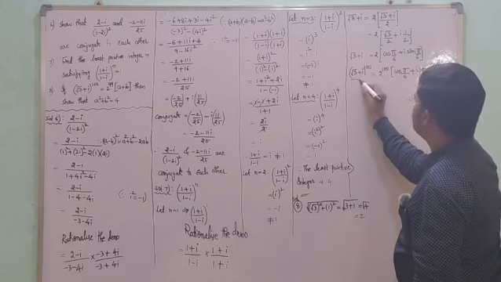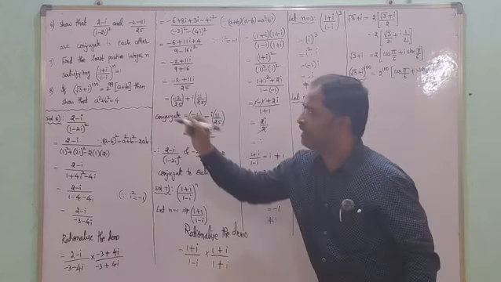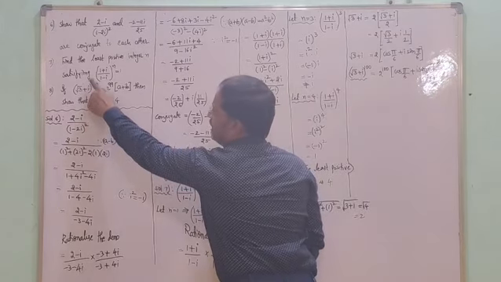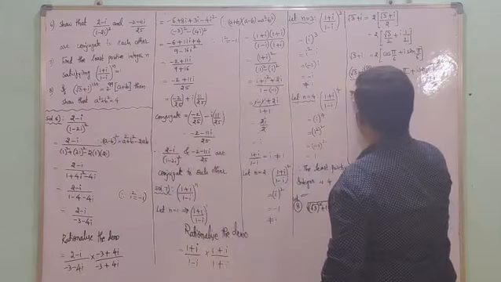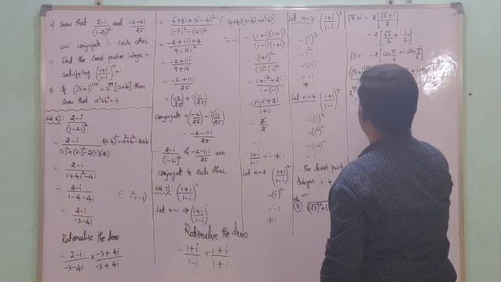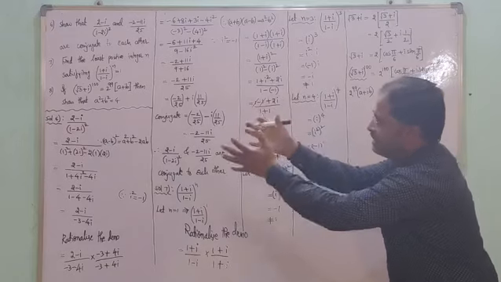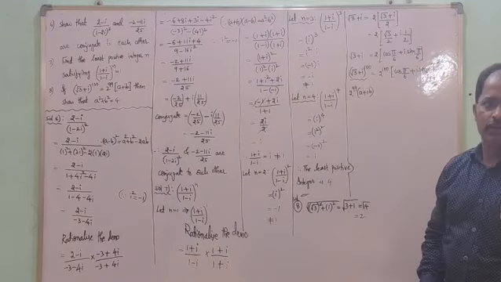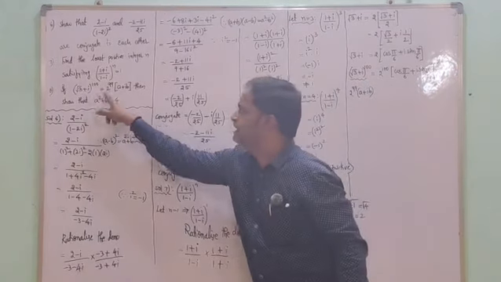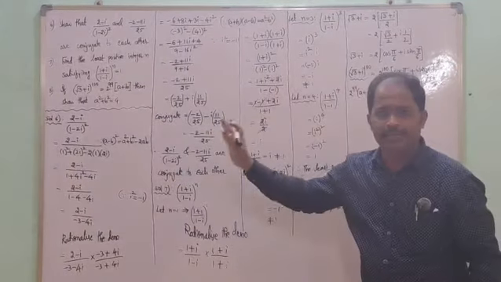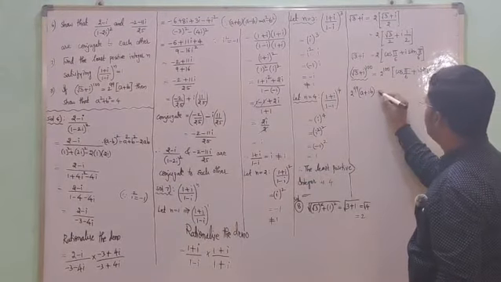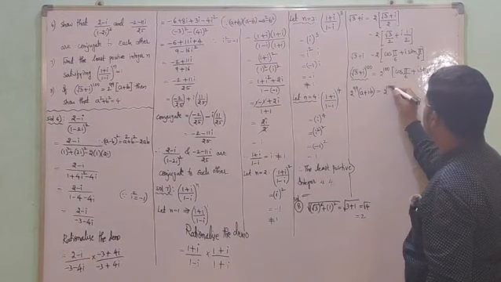So the value of (√3 + i) power 100 is already given in the question: 2 power 99 of (a + ib). Let us just substitute. Okay, this one is completed. Right side, 2 power 100 as it is.